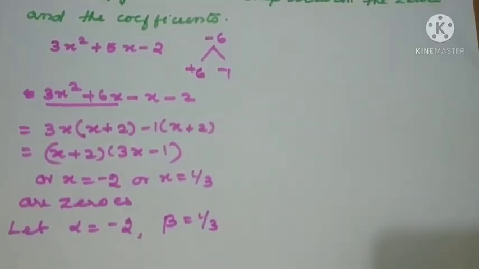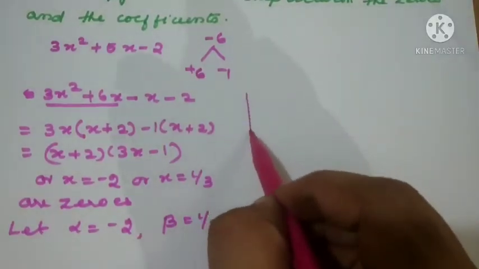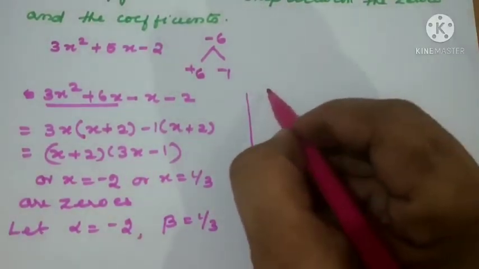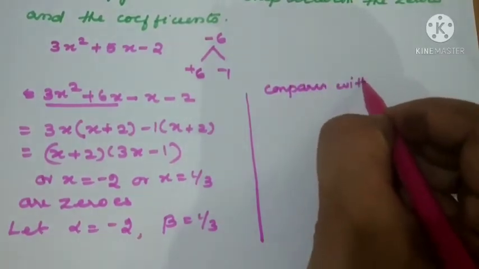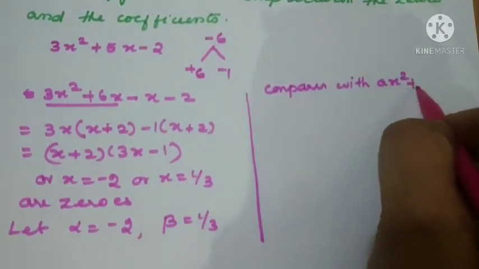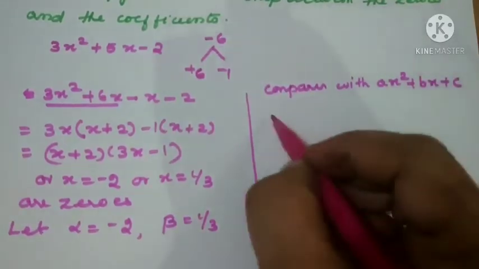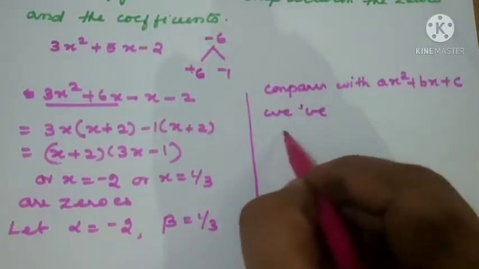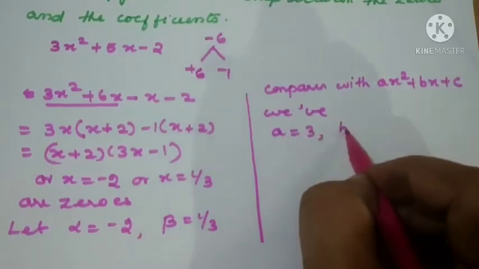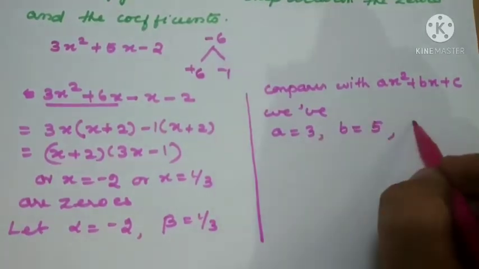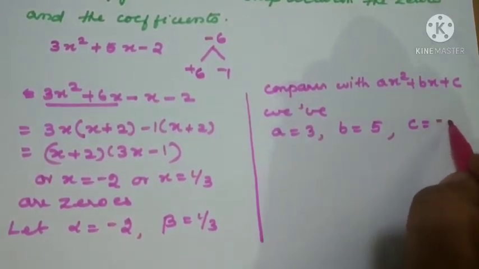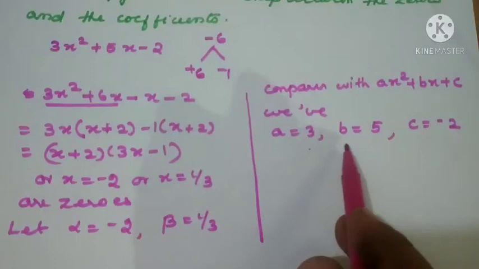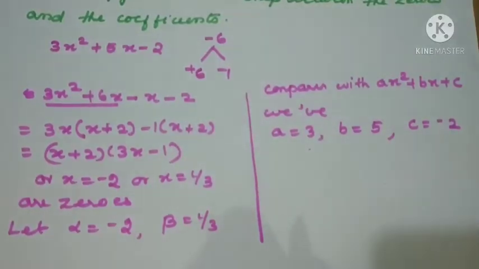This is the first part. We got two zeros, and simultaneously we compare with ax square plus bx plus c. We have a equal to 3, b equal to 5 and c equal to minus 2 only.